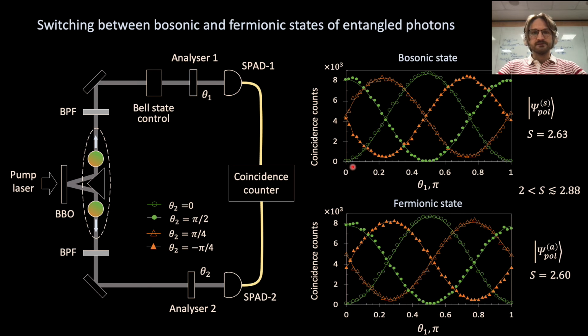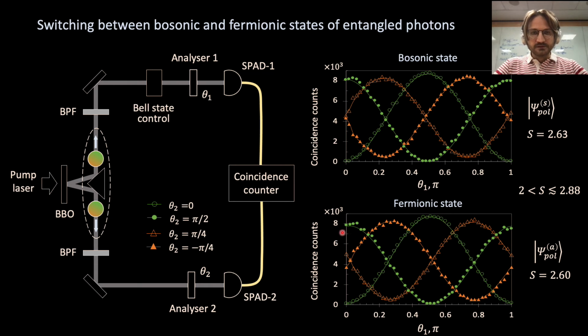Here you can see these four curves, and as you can see, all of them are of high visibility, which is only possible if photons are entangled. From these curves we may calculate the Bell parameter, which is 2.63 for the symmetric bosonic state. I remind you that the Bell parameter should be higher than 2 for entangled photons, and its maximum value is 2.88. Next we prepare the fermionic state and measure it again.